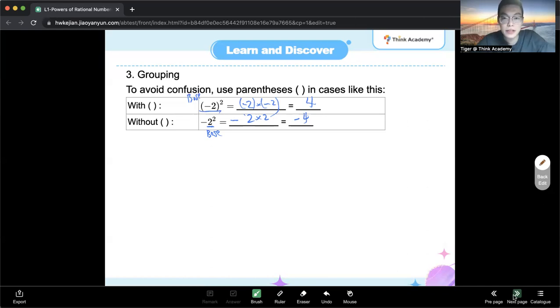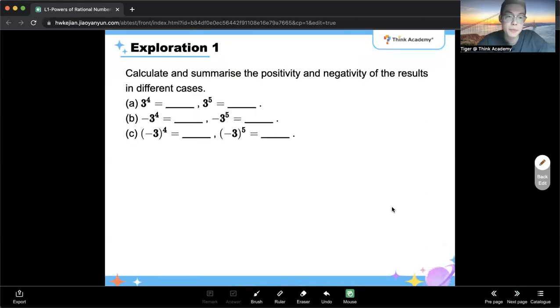All right, I think I have done enough of the talking, so we'll be moving on to some questions which we can do together. So for this question, we are not required to calculate the values of these powers. We just need to know whether they are positive or negative. So for the first one, if I have 3 to the power 4, is it positive or is it negative?